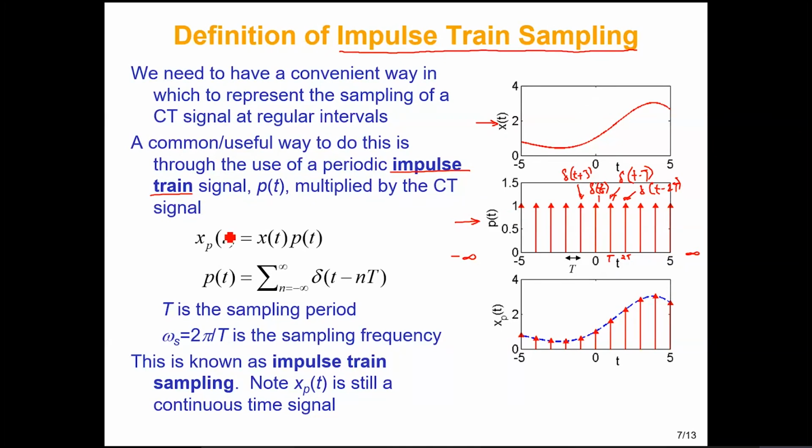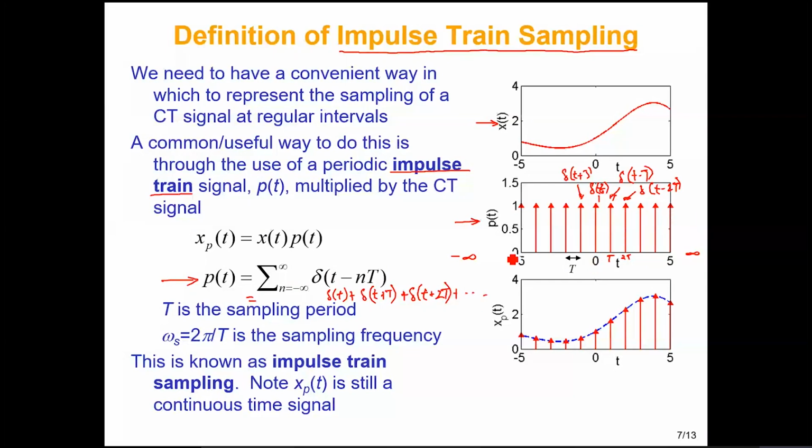If you want to represent your impulse train p of t mathematically, it is delta t minus a multiple of T, and this multiple n goes from minus infinity to infinity. We can expand it and write it like this: delta t plus delta t plus T plus delta t plus 2T, and like that it goes on and on.